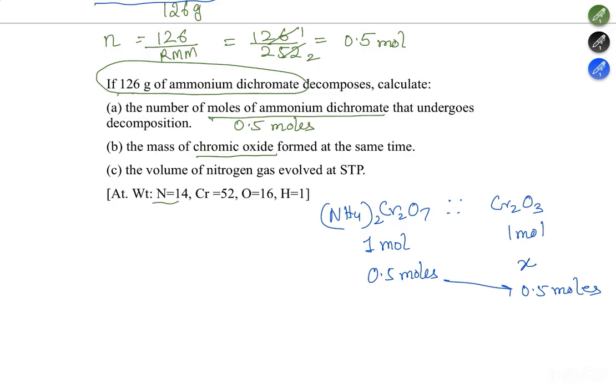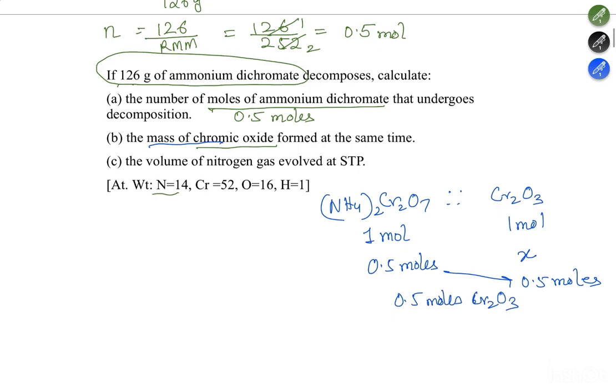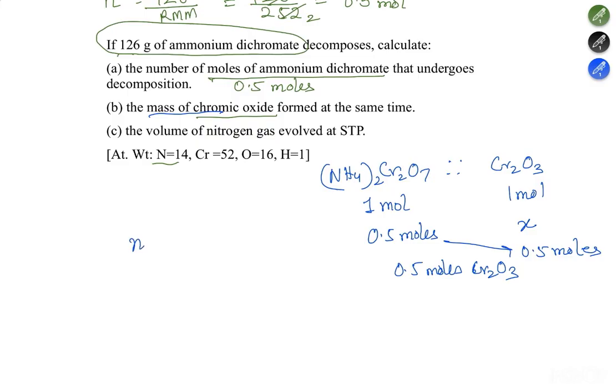Now the question is asking for the mass. So I can convert this 0.5 moles of chromic oxide to mass of chromic oxide. We can apply the simple formula: moles is equal to given weight by RMM of chromic oxide. We can calculate the RMM and find the value.